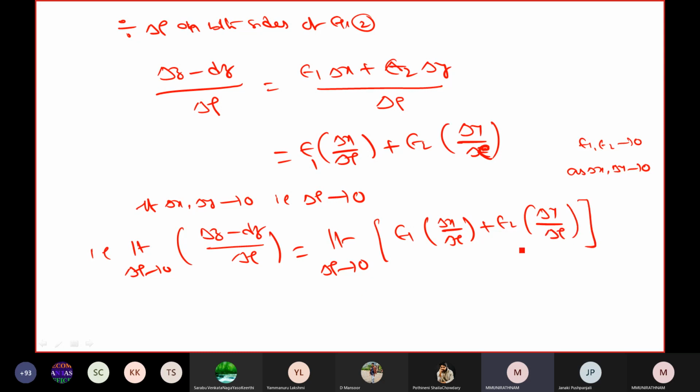If you show this as 0, or individually all these are 0, then we call the given function differentiable, then we call z differentiable.